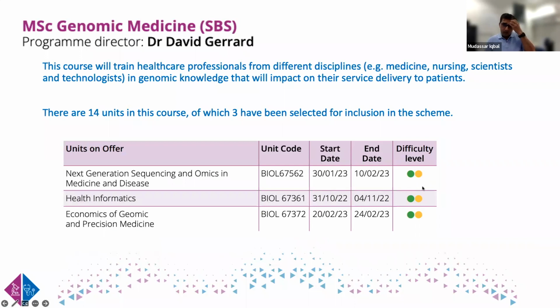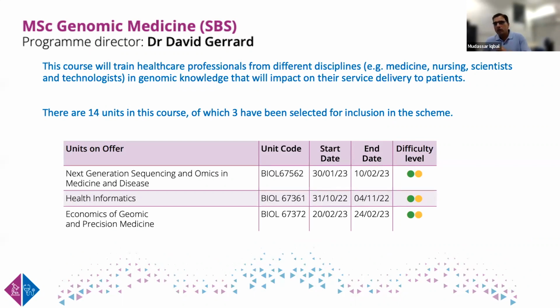This is a Health Education England accredited course, mainly intended for healthcare professionals, and specialized for genomics, genetics, and bioinformatics for patient care. So you see the direction of the focus for this course.